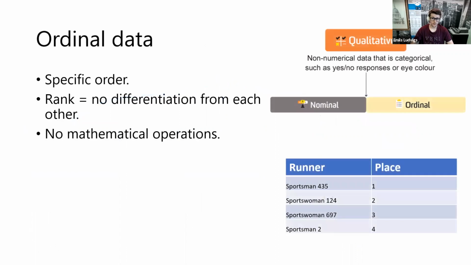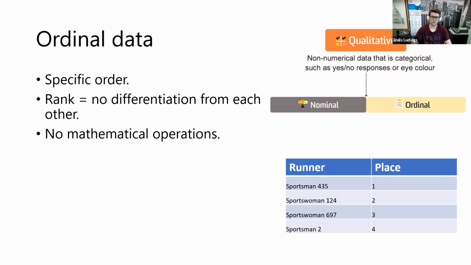And the second category of the qualitative data is ordinal data. This means the data has a specific order, and usually it's ranked. And when we are ranking the data, there is no specific information that differentiates these categories from each other. And you cannot use mathematical operations when we are building these ranks.